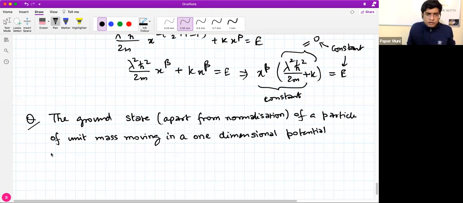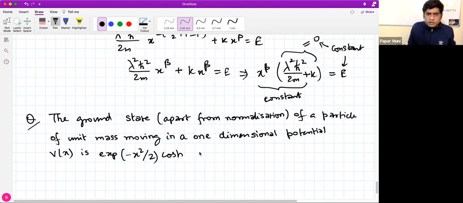Now this is V(x). The wave function is given, the ground state is given to you as this. Now ground state is the lowest energy state, you don't need to worry about it.